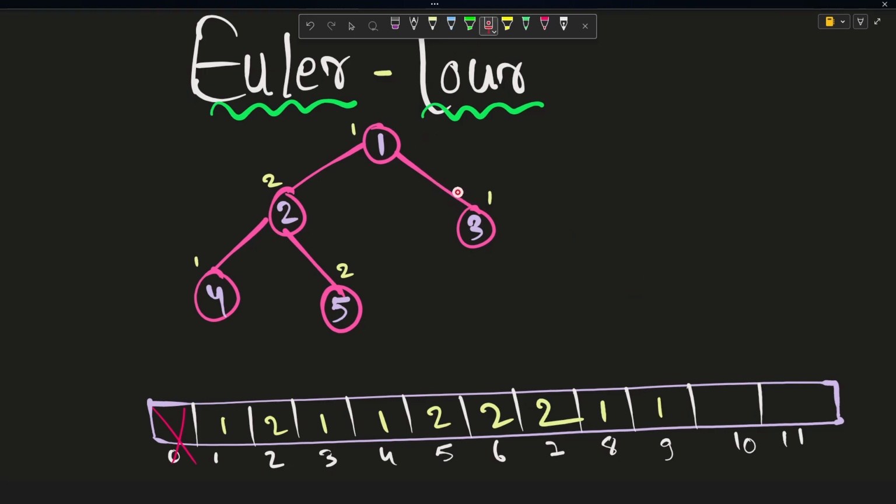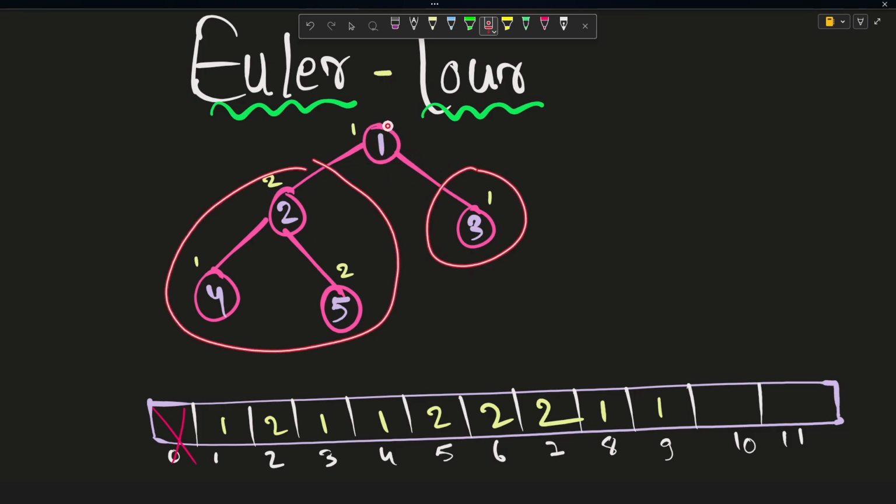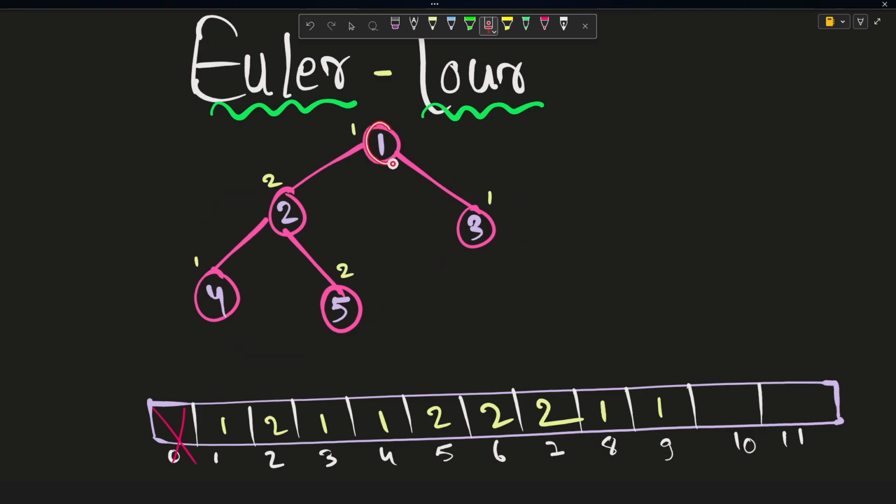And now after backtracking, I am finally standing at the root node. Since I have explored both the left and the right parts, I will finally backtrack like this, that is, I will finally leave this first node. Since at the very first time I entered this node and now I am leaving it, I again have to write its value here.